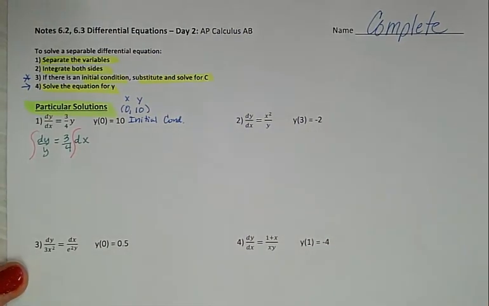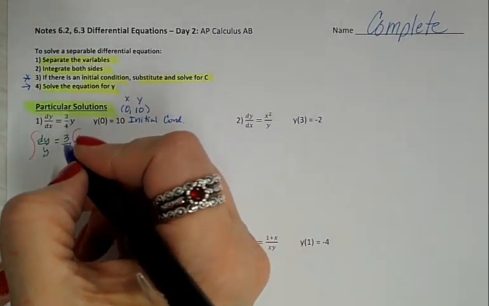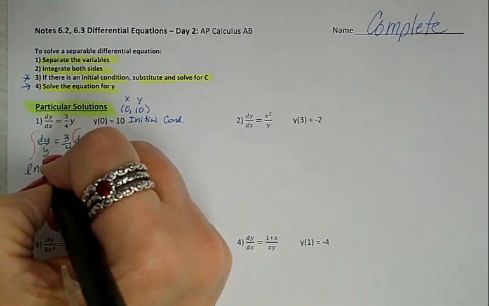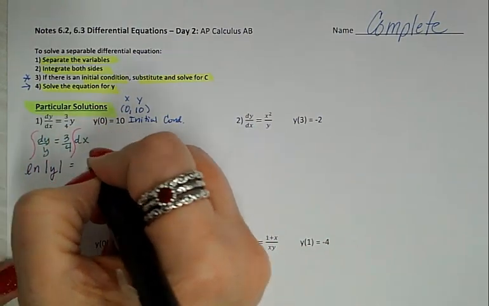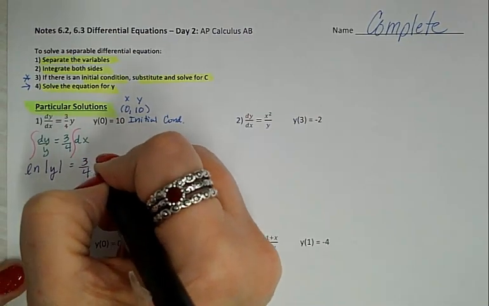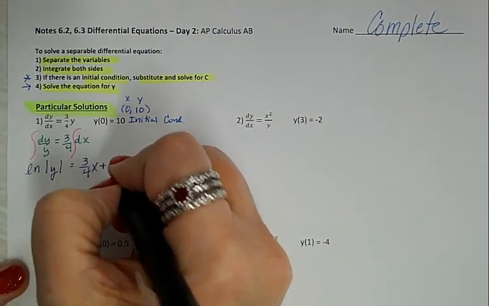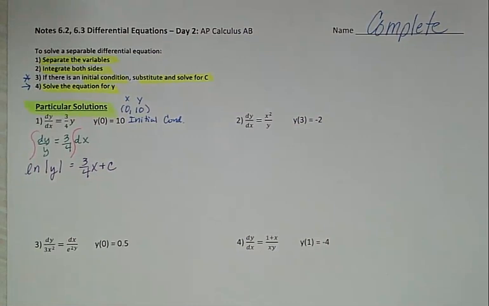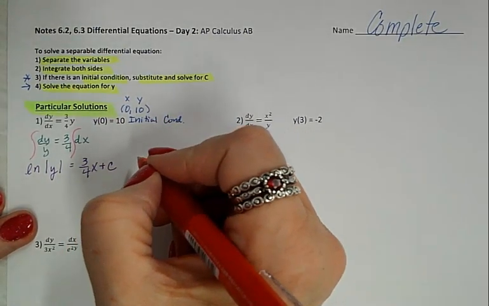So I'm going to do the natural log of the absolute value of y equals 3/4 x, and then I have my plus C, because at this point I haven't actually used the initial condition. So the plus C is still there. This is the first step of what we did last class, and this would be the general form.